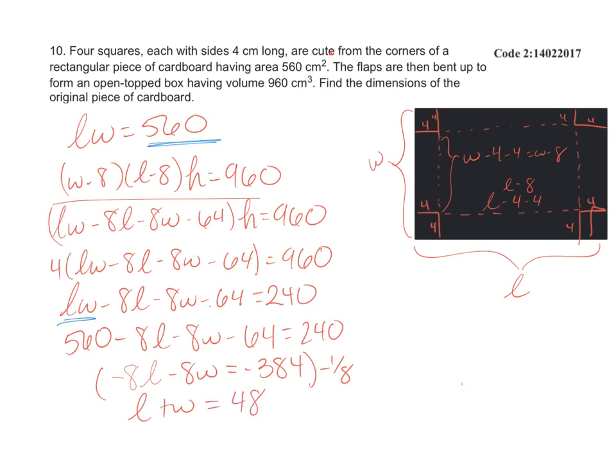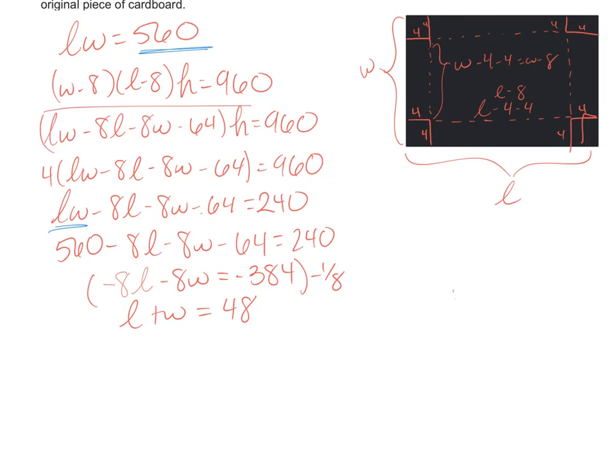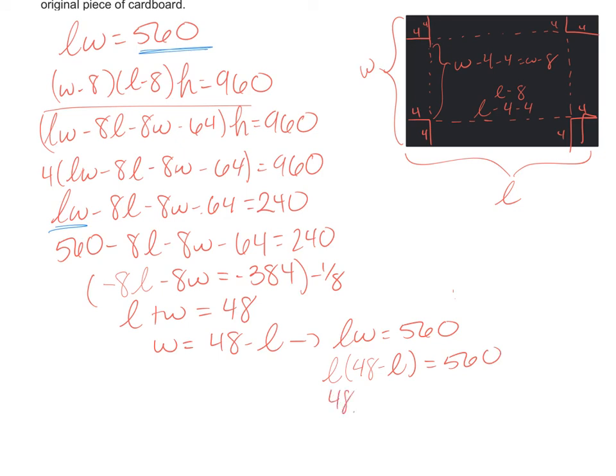And I'm going to solve this for W, so that I can plug this into my first equation and solve for an actual answer. So W is equal to 48 minus L. And I'm going to plug that into L times W equals 560. So L times 48 minus L is equal to 560. So 48L minus L squared is equal to 560.